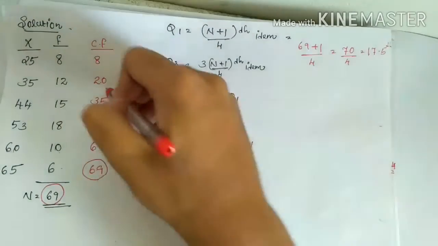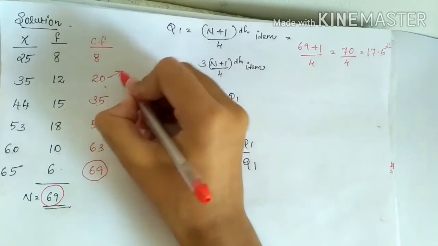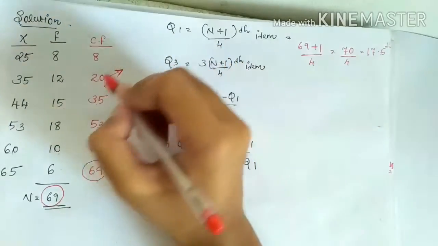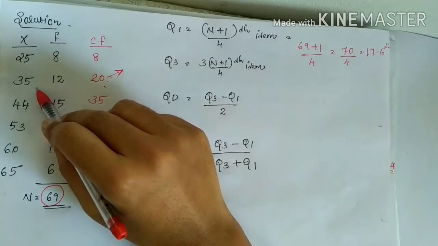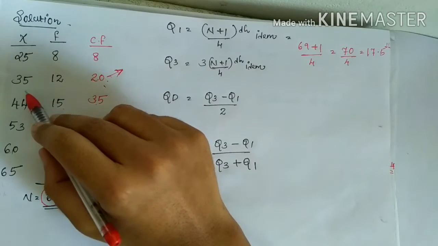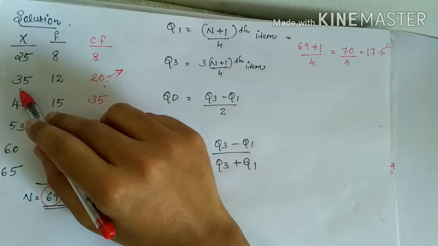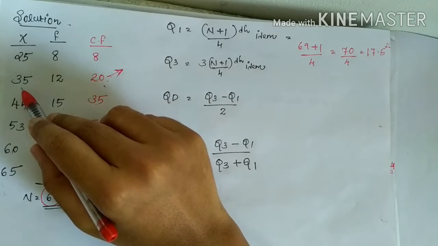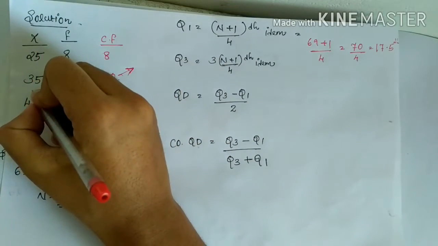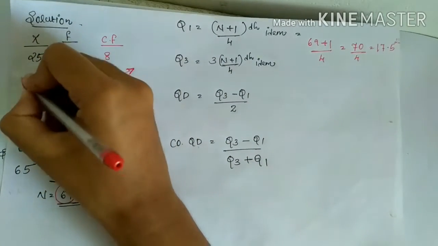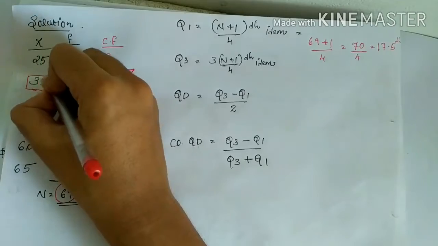It is here, in this area, inside the figure 20. In front of this is the Q1 value, that is 35. So 35 is the value of Q1.